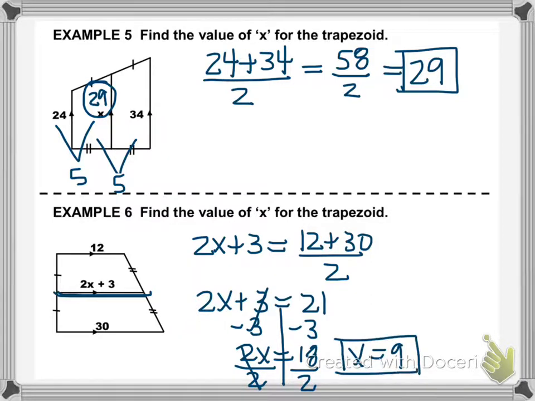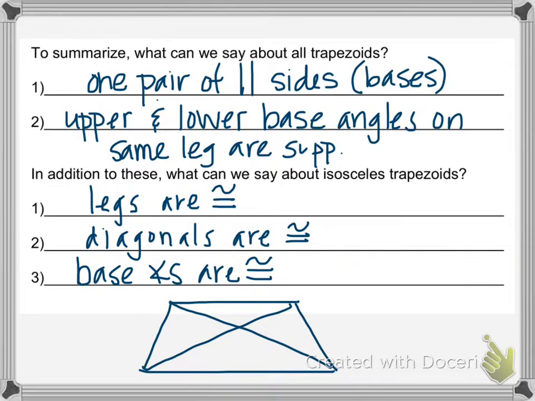All right. Let's go ahead and review the properties of trapezoids. To summarize, for all trapezoids, and I drew a trapezoid at the bottom we can mark up, they all have one pair of parallel sides. Remember, those are your bases. So this guy and this guy are parallel. Those are your bases.